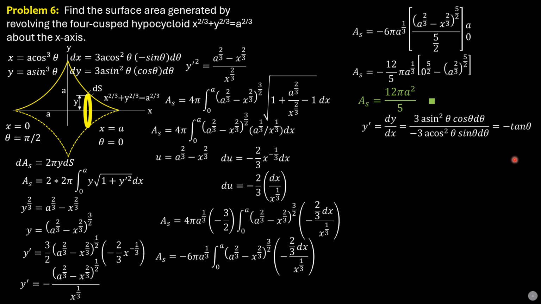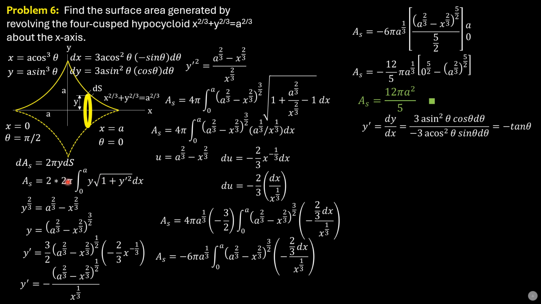Then the area therefore is equal to, going back to this expression here, 4 pi, then y ds, and ds is square root of 1 plus y prime square dx, and dx is already there.